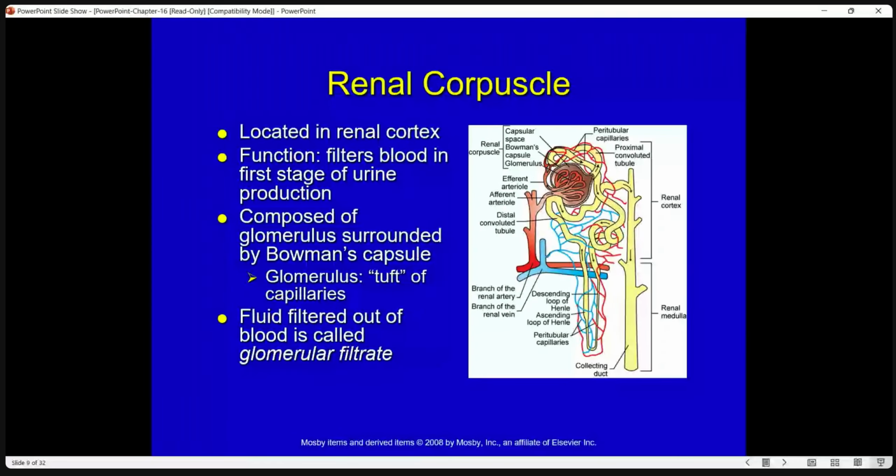Platelets and red blood cells are too big and cannot pass through this membrane here. So only substances that are able to pass through this membrane pass through the glomerulus membrane. Blood cells like the red blood cells should not pass through that membrane.